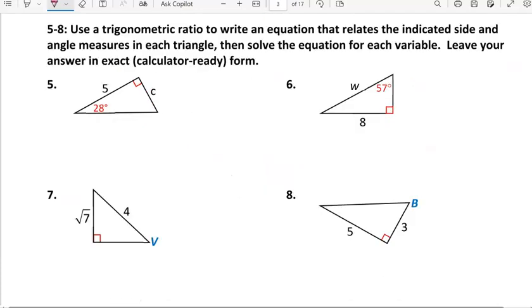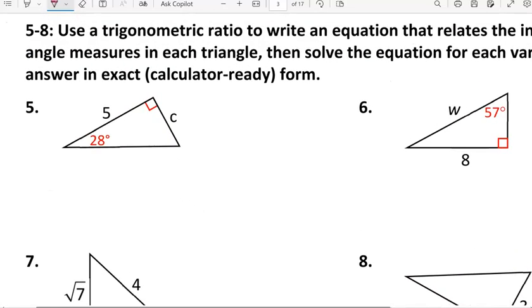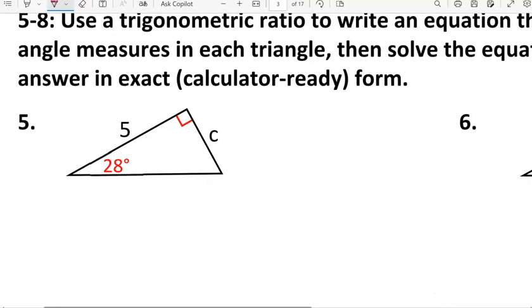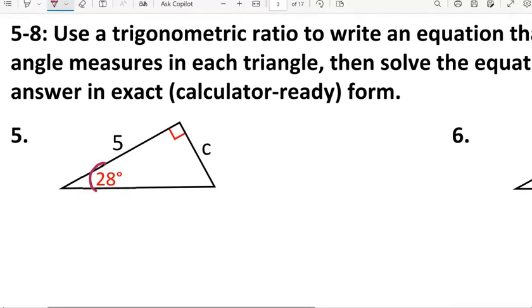In 5 through 8, we're going to write an equation that relates the indicated side and angle measures, and then solve, and leave the answer in exact or calculator ready form. So in 5, we are going to refer to that 28-degree angle, and we have side C, which is opposite, and 5, which is the adjacent leg's length.